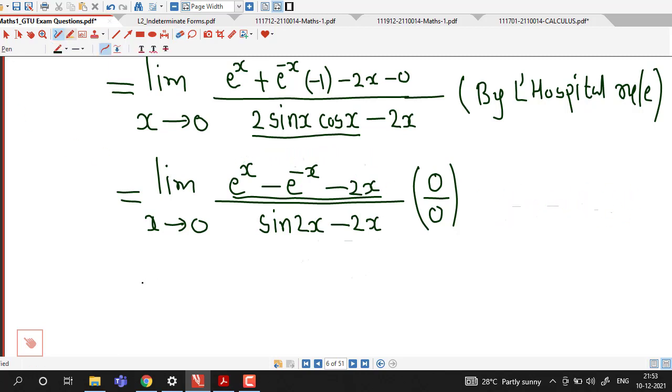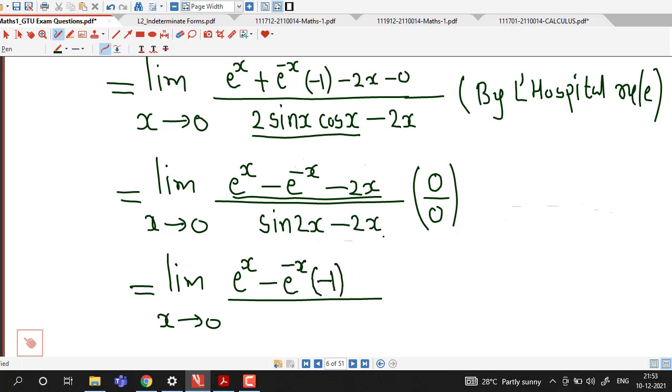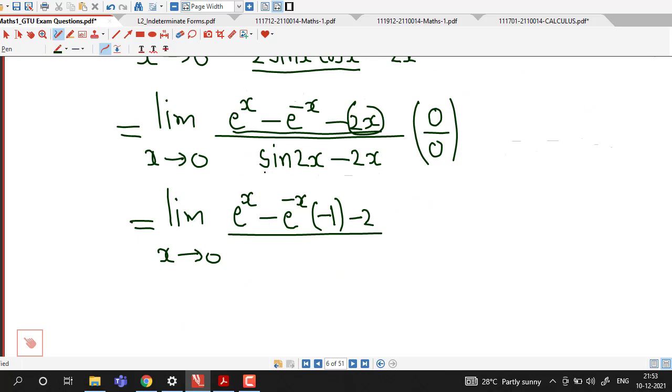For that we have to differentiate numerator and denominator separately with respect to x. In the numerator, the derivative of e^x is e^x, minus the derivative of e^(-x), which is e^(-x) times minus 1, minus the derivative of 2x, which is minus 2. Now we write down the derivative of sin 2x minus 2x in the denominator.